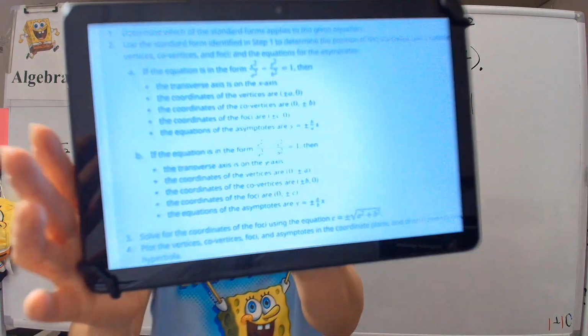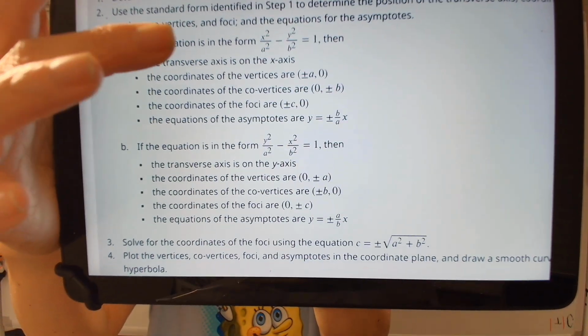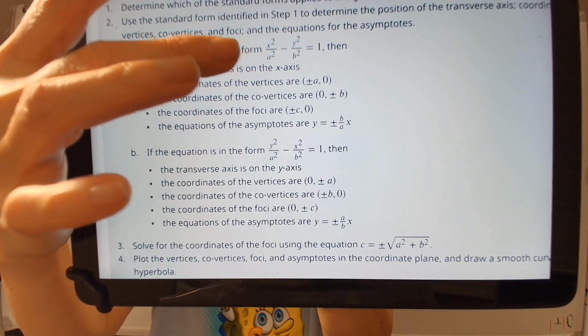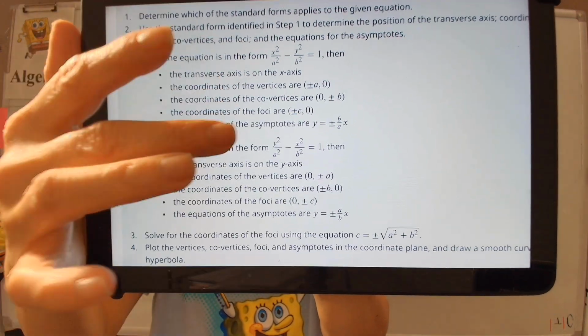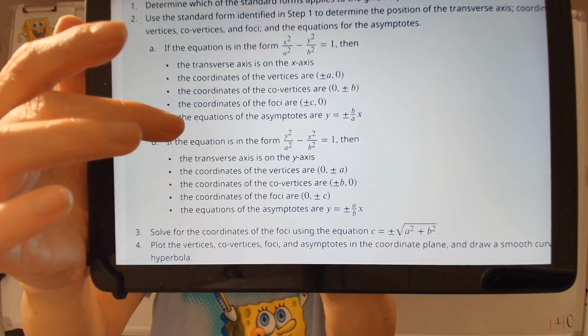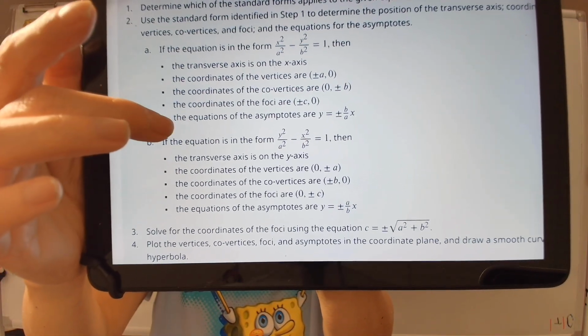So look at the gray box. This is the left and right opening hyperbola where x is in front. In that case, the asymptotes are y equals plus or minus b over a x.